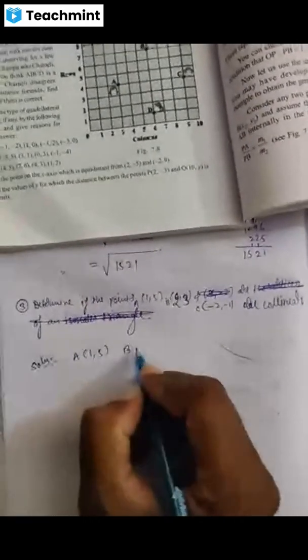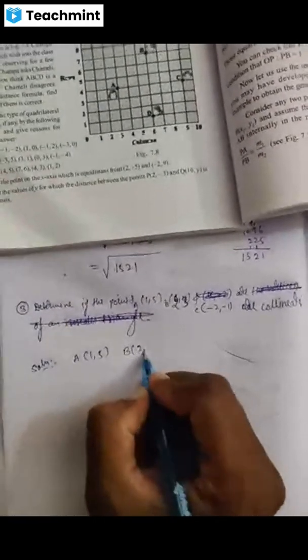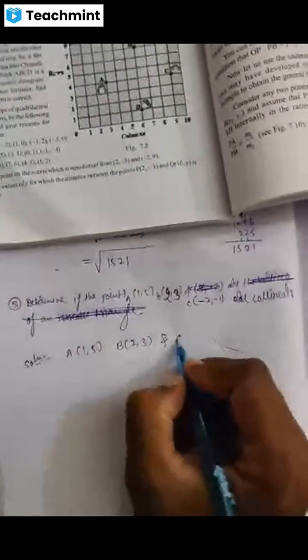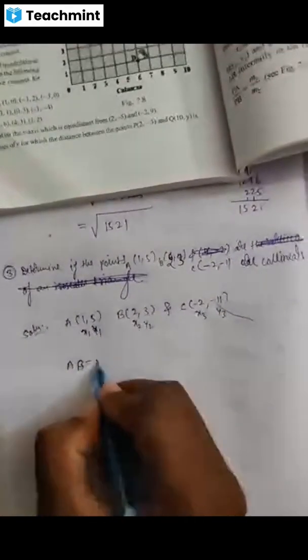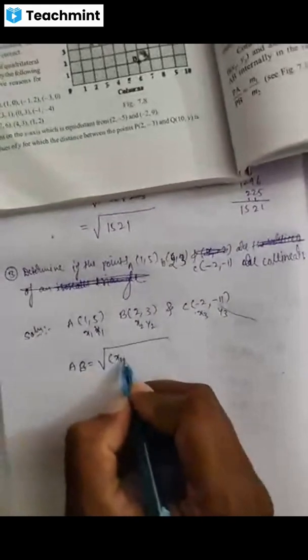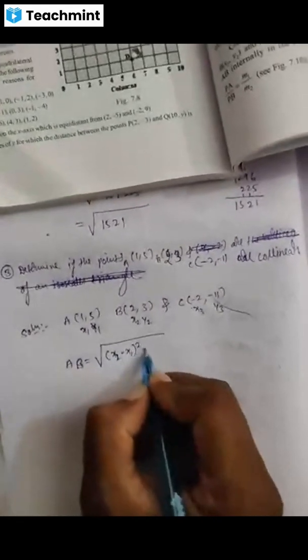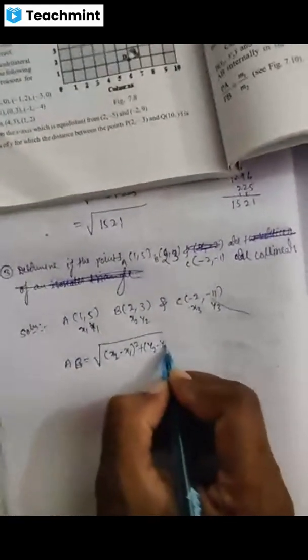Okay, solution: A (1, 5), B (2, 3) and C (-2, -11). Take these as (x1, y1), (x2, y2), (x3, y3). To find the distance AB, we have the square root of (x2 minus x1) whole squared plus (y2 minus y1) whole squared.